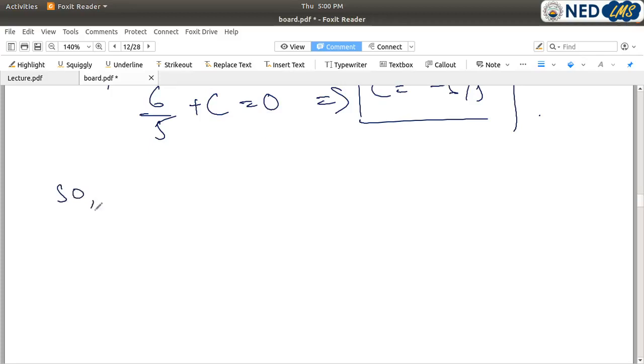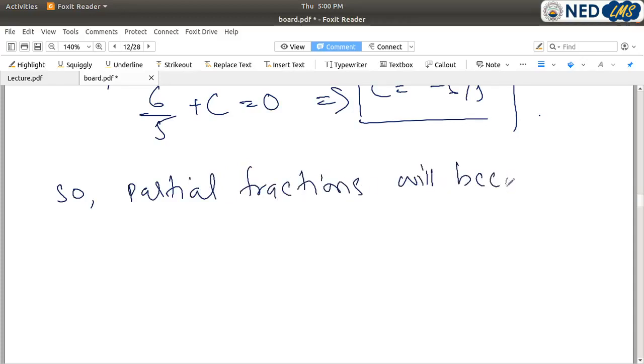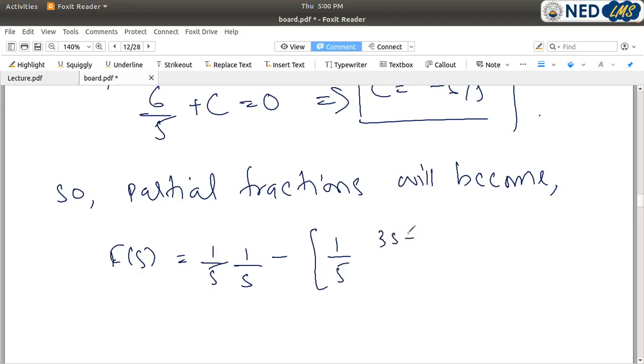Partial fractions will become f of s is equals to 1 by 5 into 1 over s. Don't misunderstand this, this is s and this is 1 over 5, minus 1 over 5 into 3s plus 6 over s square plus 2s plus 5.